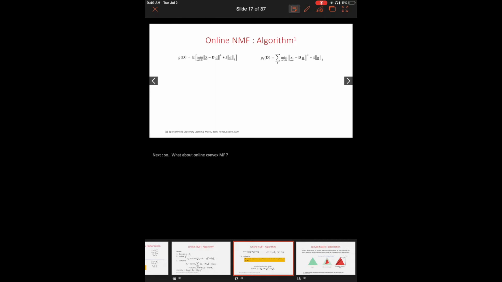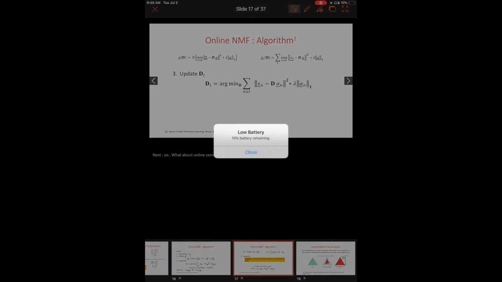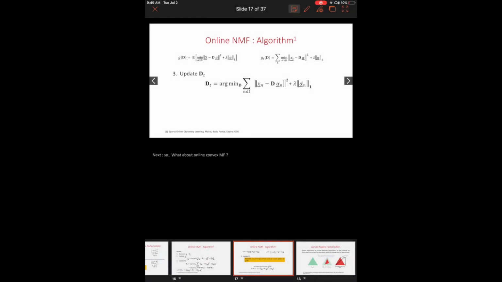So this algorithm minimizes this loss function g of D, but note that we can write the empirical estimate of this expected loss function as this function g_t of D. But in step 3, instead of optimizing this function g_t of D, we are optimizing a different function where the alphas are computed with respect to some other, previous approximation of the basis D. So we are optimizing a surrogate loss function in each step that is different from the empirical estimate of the loss function that we wanted to optimize, but this algorithm still converges to an optimum of the original loss function g.